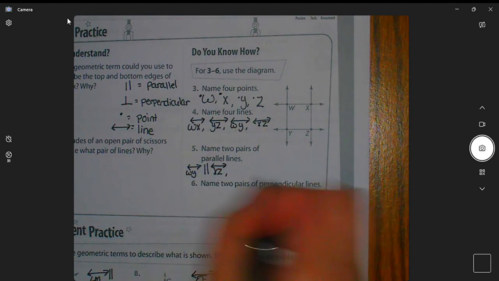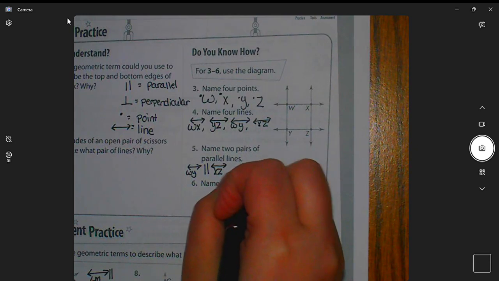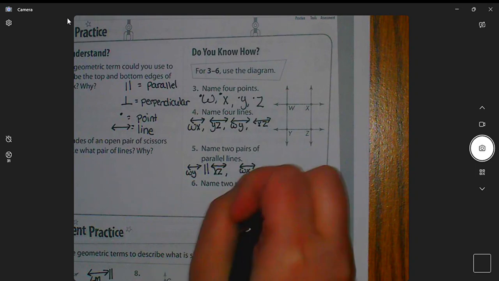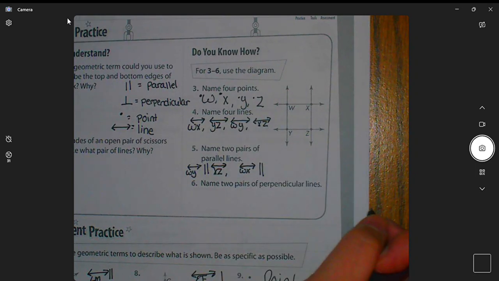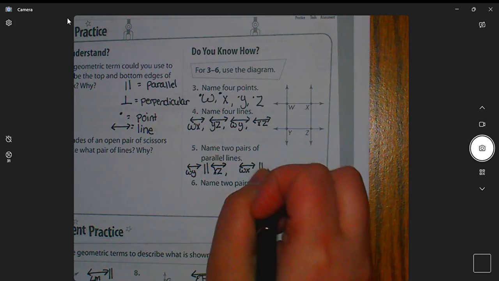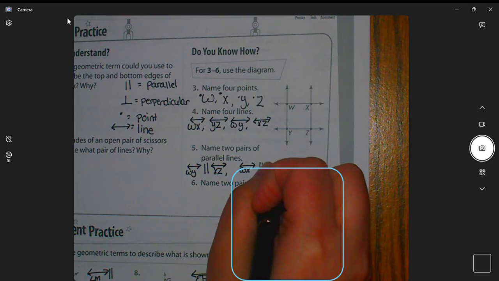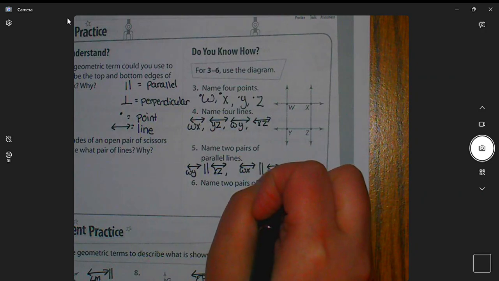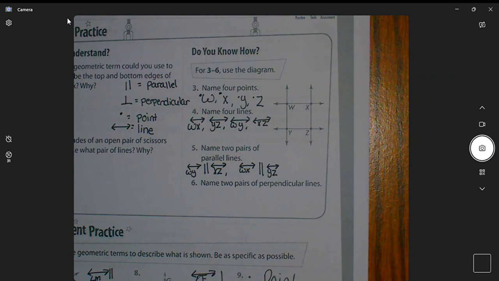And then line WX is parallel to what? Yeah, YZ. So line YZ. Last one. Name 2 pairs of perpendicular lines.